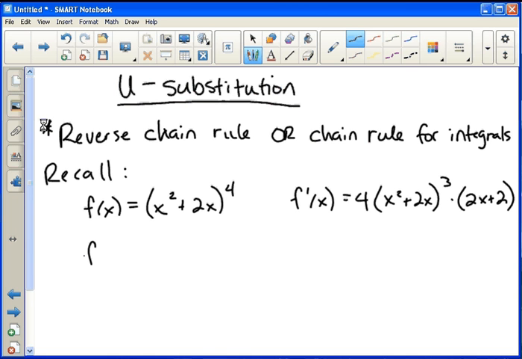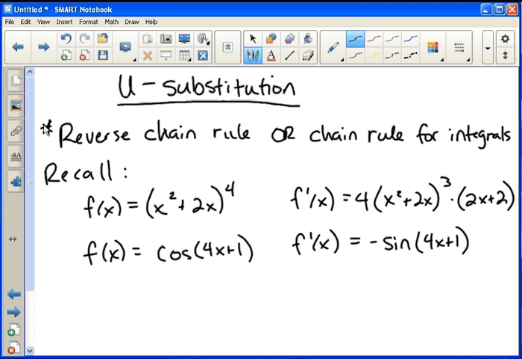Or if we had a trig one, like cosine of 4x plus 1, we'd do the derivative of the outside, that would be the cosine. Derivative of cosine is negative sine. And we would multiply by the derivative of the inside, which would be 4. So again, that's just a brief review of what the chain rule did and how it looked.